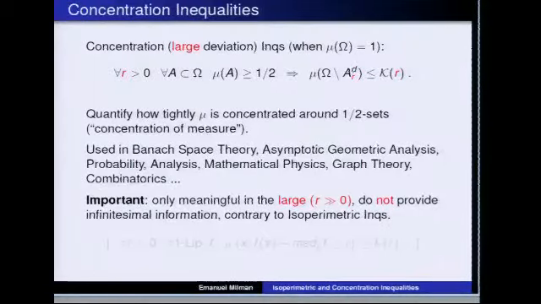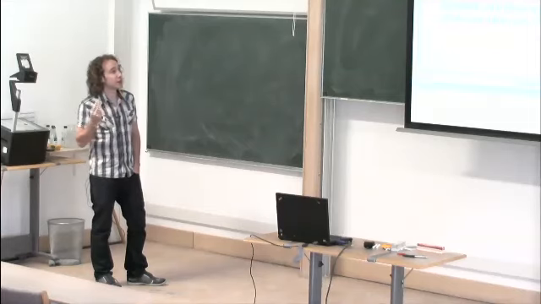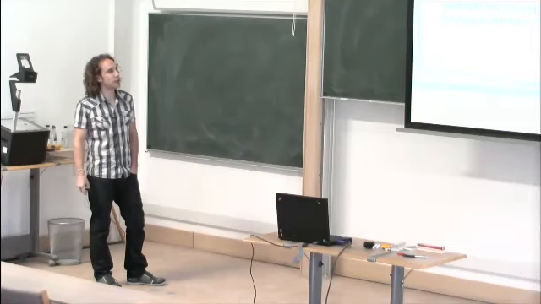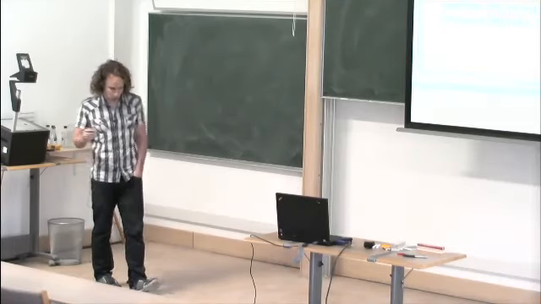And these concentration inequalities have been used for a long time. One of the very first instances was in Banach space theory, say by Emanuel Milman, which would later evolve into asymptotic geometric analysis, but it has been used in many other fields like probability, statistical physics, graph theory, combinatorics, and so on.